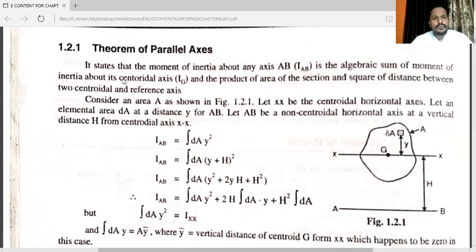See, now you can see the definition of this theorem.